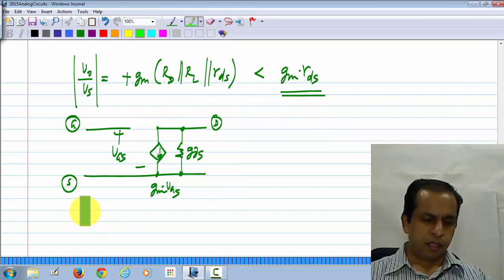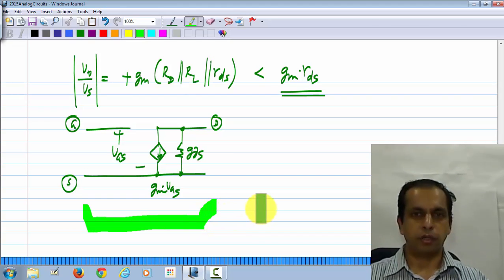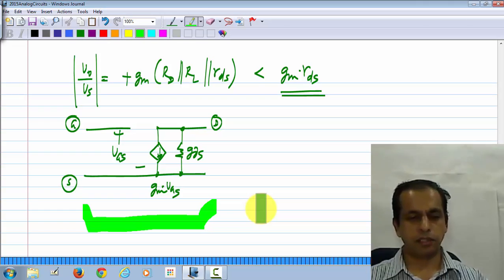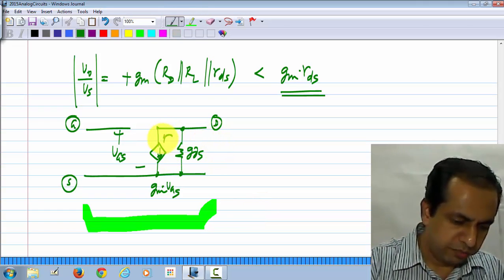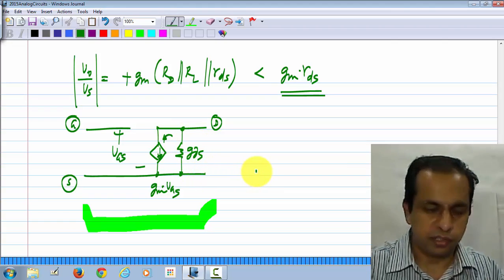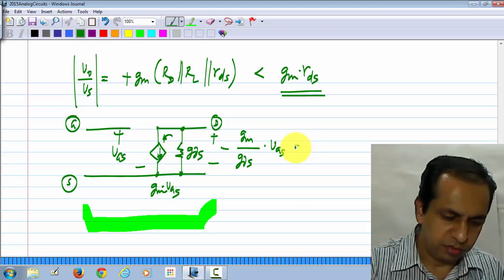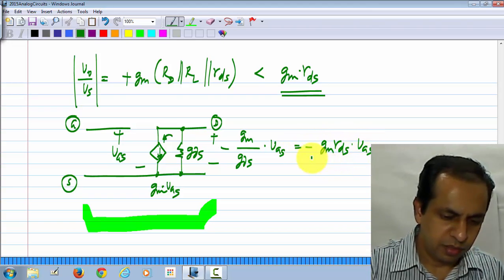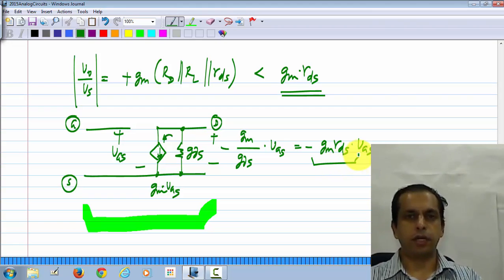Okay. So, this is all the circuit we will have in the small signal. Let us not worry about how to do it, but if we do it like that, this is the circuit we have. So, the current here is GM VGS, all of it flows into the conductance GDS. So, this voltage will be minus GM by GDS times VGS, which is the same as minus GM RDS times VGS, and this is the gain that we are going to get at most. Okay.